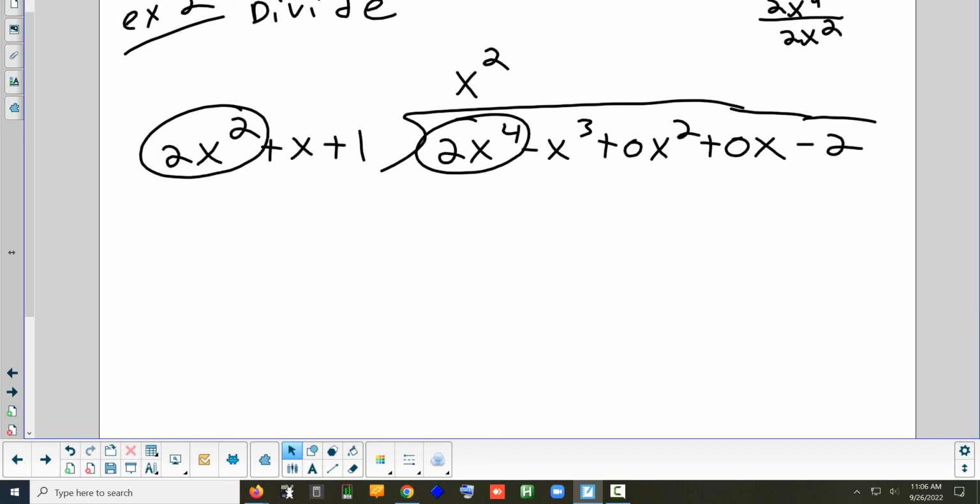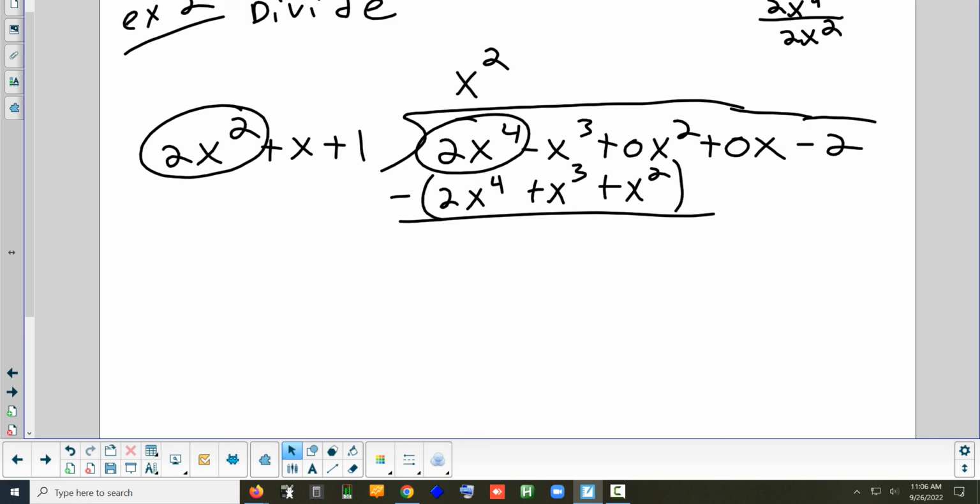Now multiply the x squared back out. What's x squared times 2x squared? What's x squared times x? Notice I put it under the x cubed. And what's x squared times 1? X squared. And what do we do with all those columns?